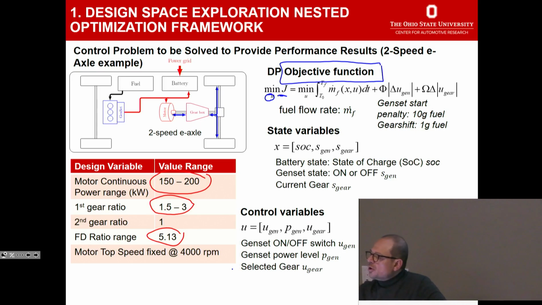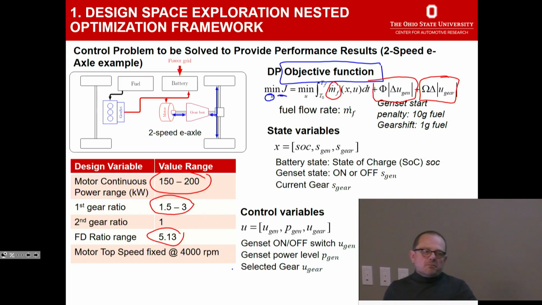This cost includes the obvious thing, fuel consumption. That's the same thing that we've talked about so far, minimizing the integral of m dot sub f. But we then had to think carefully about 2 other criteria. These are functions that incorporate the genset start penalty.